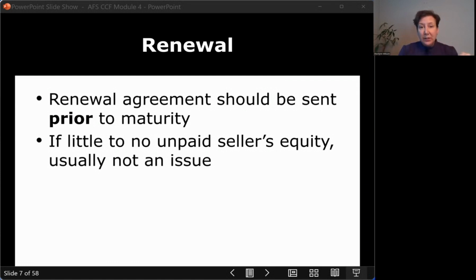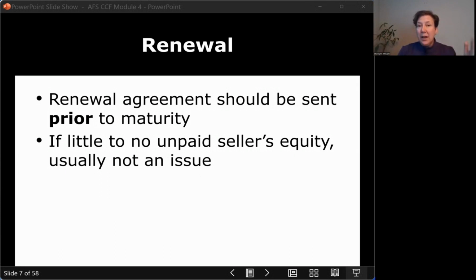And if there is little to no unpaid seller's equity, there's usually not an issue with getting a renewal done, even if it's a subsequent renewal, because they're not waiting for any cash portion of equity to be paid out, and they don't have a hunk of money sitting there that they're going to be using towards buying another property. And chances are, if there was little equity, they probably haven't saved up any money to buy another property and don't need their name off this mortgage.